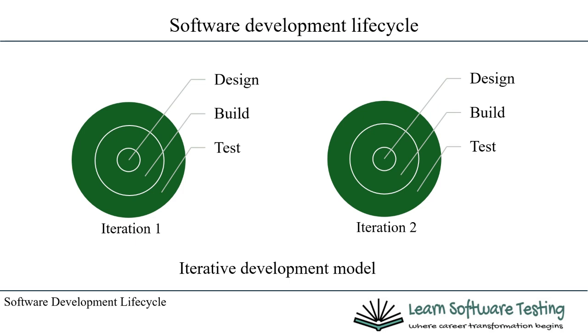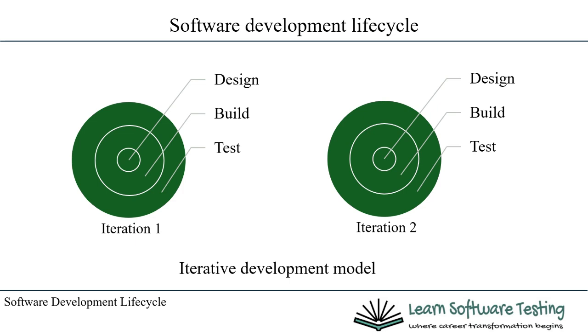You get just some parts of the software, and once that is completed, checks out fine, and is deployed, they move on to the next update or the next increment of that software. As you can see, iteration 2 has similar activities again: design, build, and test.